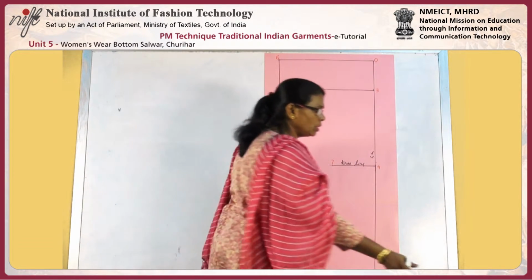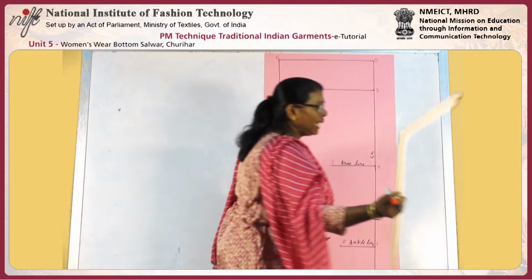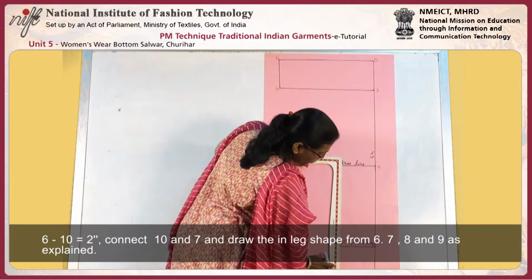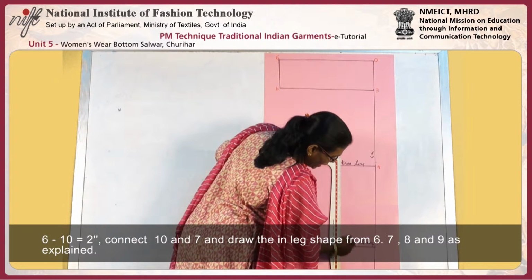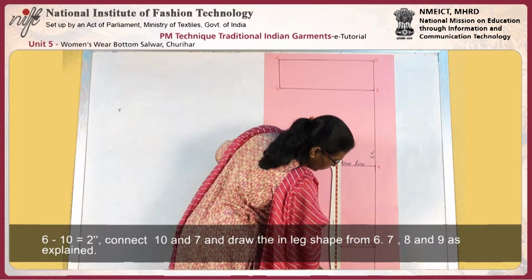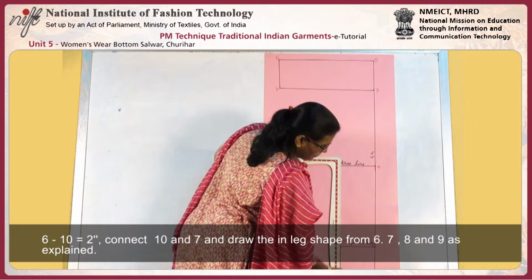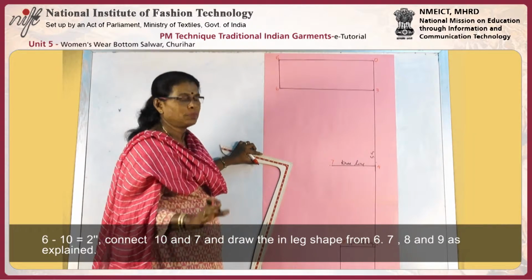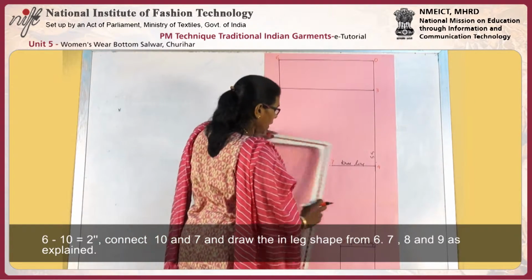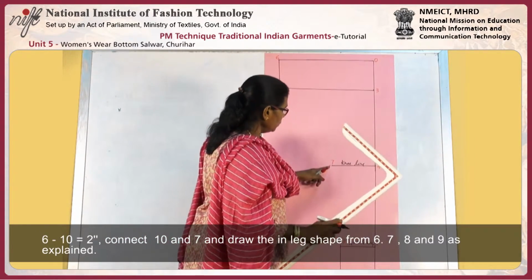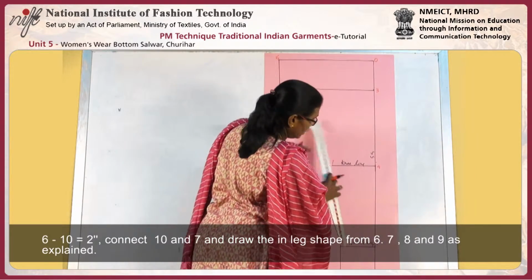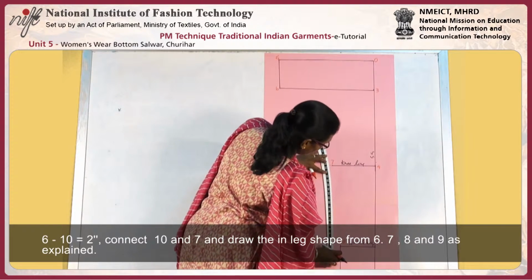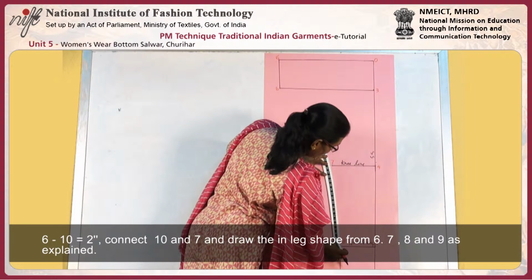Now we should draw the in-leg line and shape. From 9 to 8 to 9 is the same measurement, so it is a straight line, because for the churi we are taking a straight piece, and from 8 to 7 is a curve from ankle to knee.